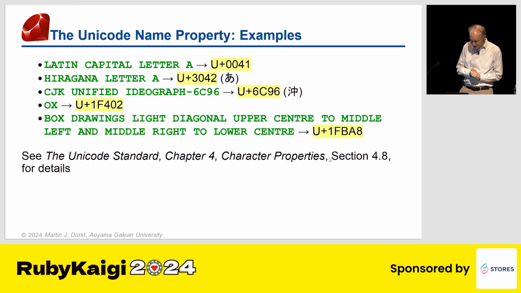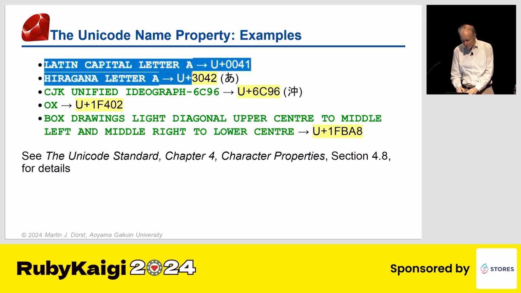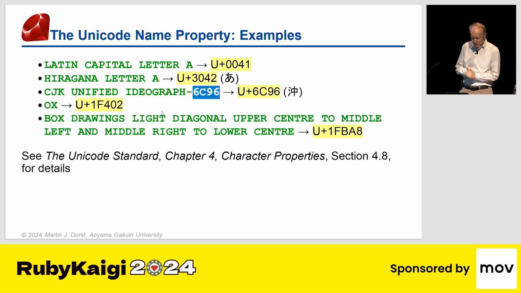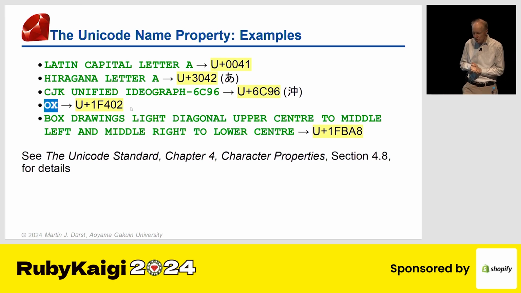So here are examples. You see there are all kinds of names, names like hiragana, Latin capital letter A or hiragana letter A, which are descriptive. Semi-descriptive names like this, you just have the actual code point number in the name. You still know it's a unified ideograph, a kanji. You have very short names, even for very special characters like emoji.